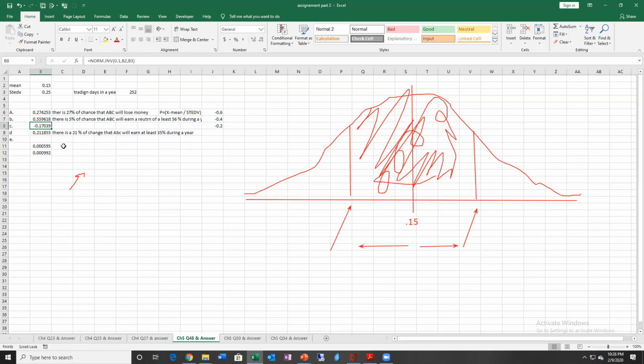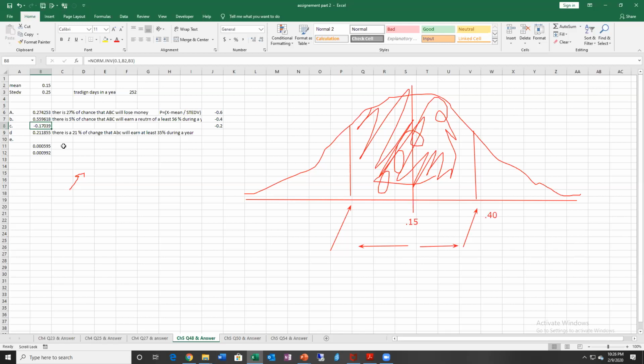So it will be 0.44. How'd you get 0.4? You say mean plus the standard deviation, right? So that's 0.4 on this side. Okay, I'm just going to the wrong side. So this side is 0.40, right?